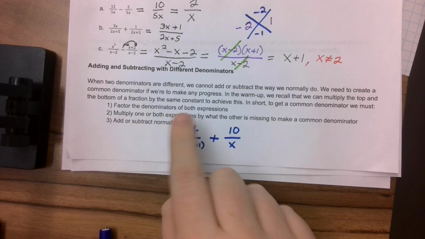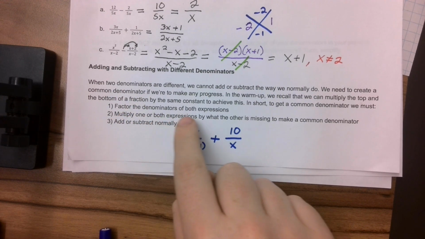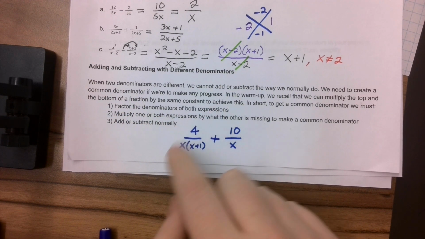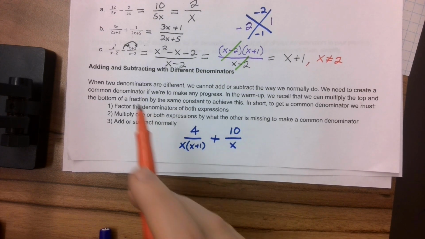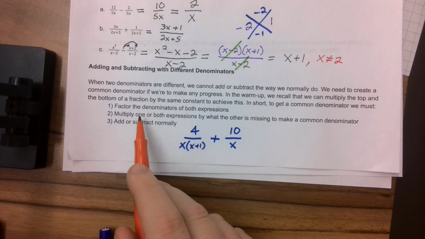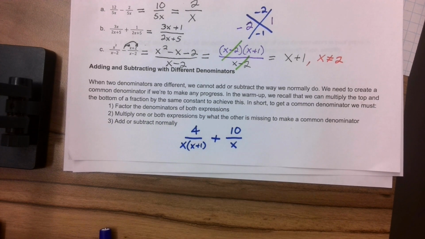Well, I've put it in 3 steps here. First step, factor the denominators of both expressions. It's already factored, so we don't need to do that here. Then, multiply either one expression or both of them by whatever they're missing to make a common denominator.